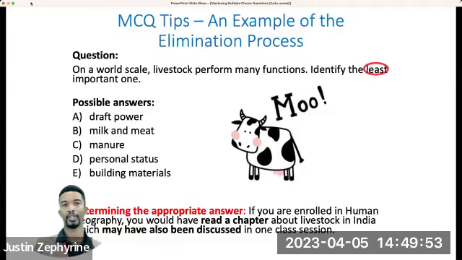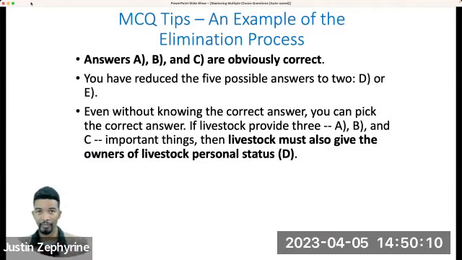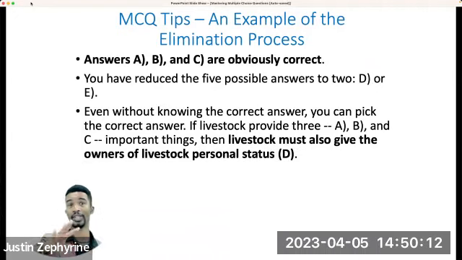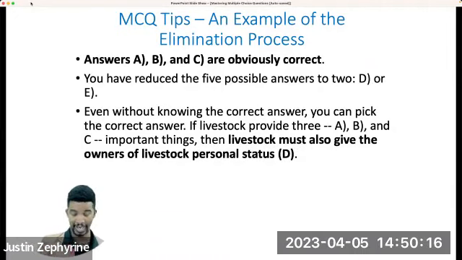In the sense that we know that cattle or livestock or what have you can be used for A, B, and C: draft power, milk and meat, and manure. Now, remember, it's the one that is least important. So you've reduced the answer, basically. If you know that you eliminated A, B, and C, you're basically left with D and E. So it could either be E or D, right?